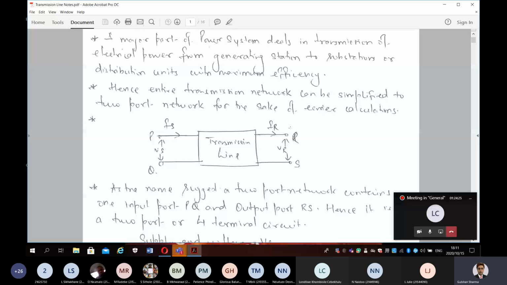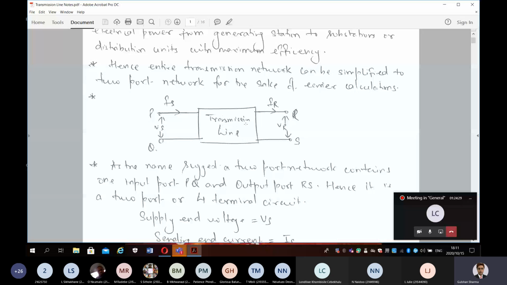So the transmission line gives a link between the sending end voltage and current, as well as the receiving end voltage and current. That is why this network is known as a two-port network: one input, one output. The input is PQ and the output is RS. It is known as two-port, four-terminal, P, Q, R and S, in very simple language.